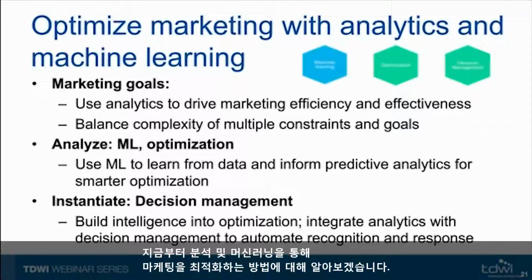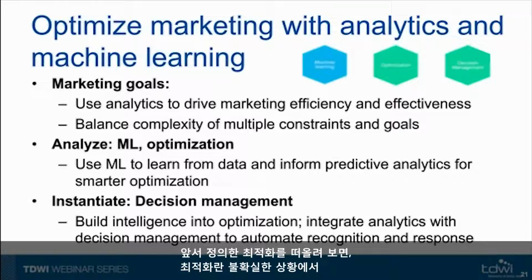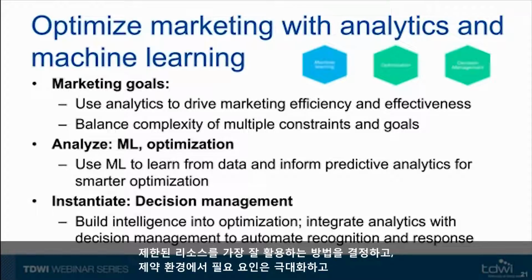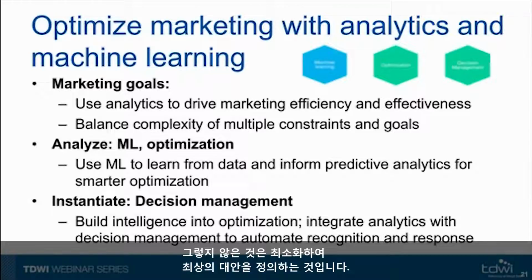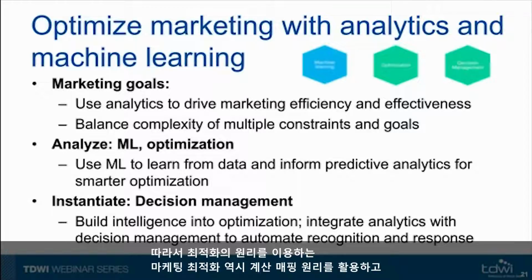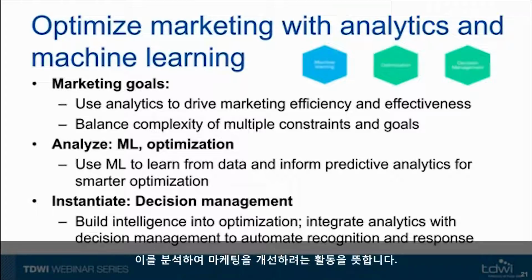Here we're going to talk about optimizing marketing with analytics and machine learning, thinking back to Fern's definition of optimization: deciding how to best utilize limited resources under uncertainty to find the best alternative under given constraints by maximizing desired factors and minimizing undesired. So that's what's going on here: using the principles of optimization, mathematical computation, optimization analytics to improve marketing.